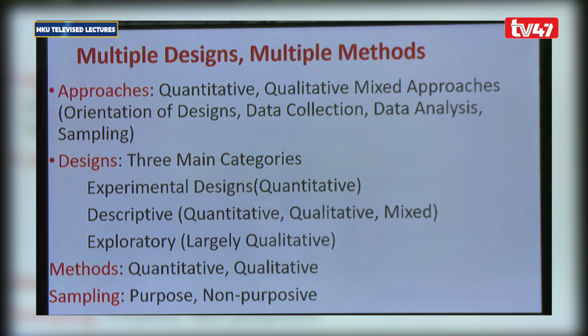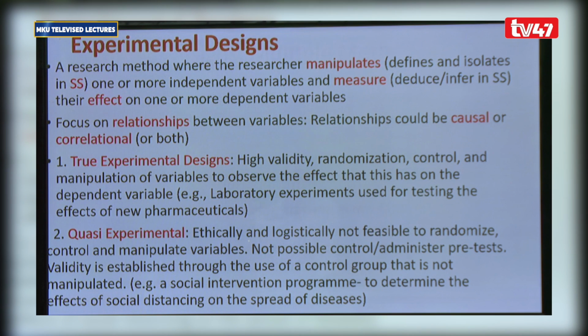And in doing this, we put into consideration that all these levels can be mixed: approaches, designs, and the methods of data collection and sampling. You need to be careful in terms of which one you are going to use and apply to which. So after this, let's see how these different designs can be explained.